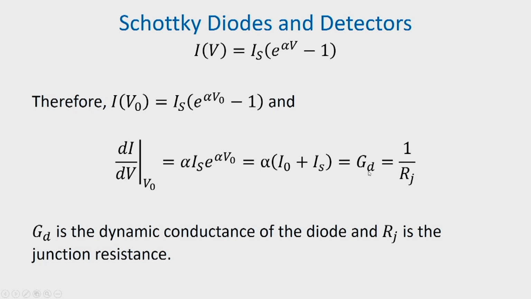Here G d is the dynamic conductance of the diode, because this is a ratio d I by d v. So, G d is the dynamic conductance and R j is the junction resistance, and this is the reciprocal of the junction resistance.